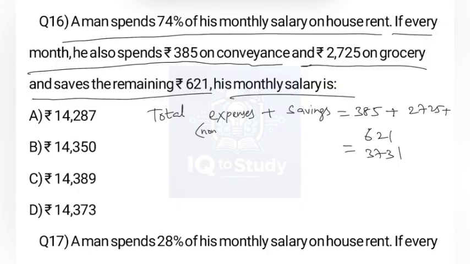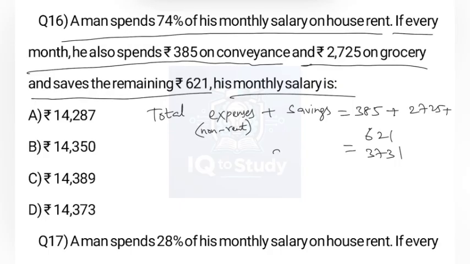And this is non-rent expenses. This is 26% of salary because 74% of monthly salary is on house rent.